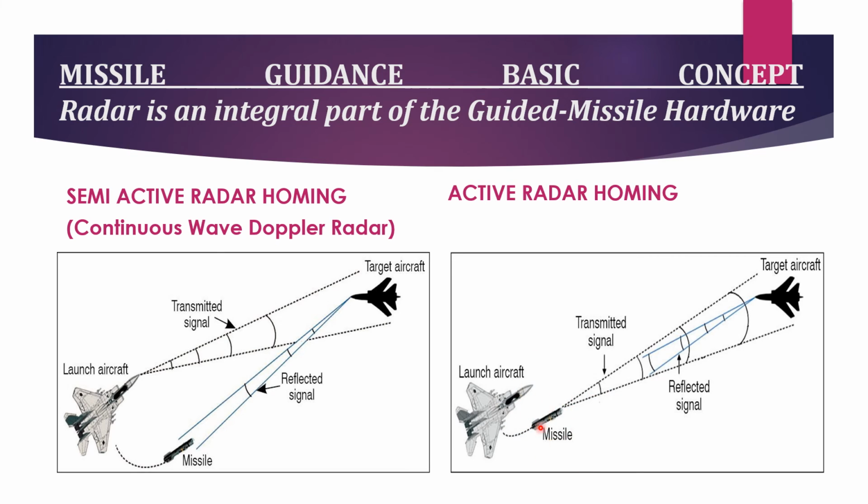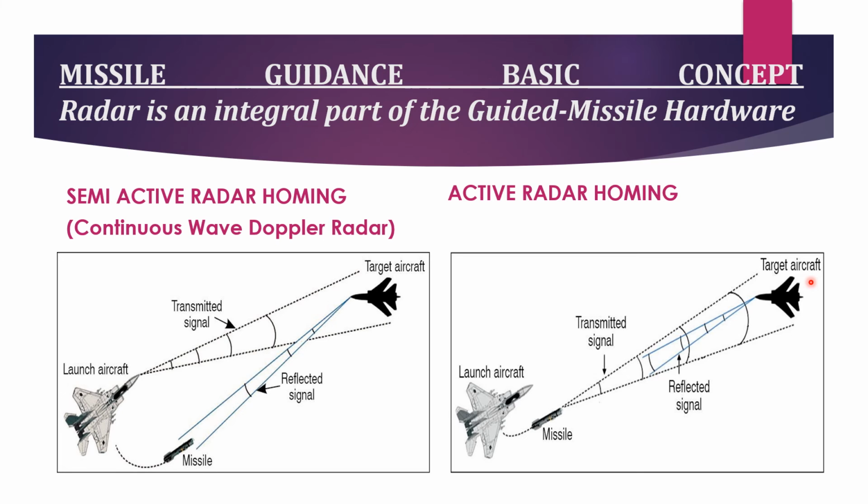The missile has the onboard transceiver, so it can transmit the signal towards the target aircraft, and at the same time, it will also get the tracking information from the target aircraft by the echo signal, and it can follow the target aircraft, and the launch aircraft can go away and do another piece of work by the time this missile tracks this aircraft and destroys it.